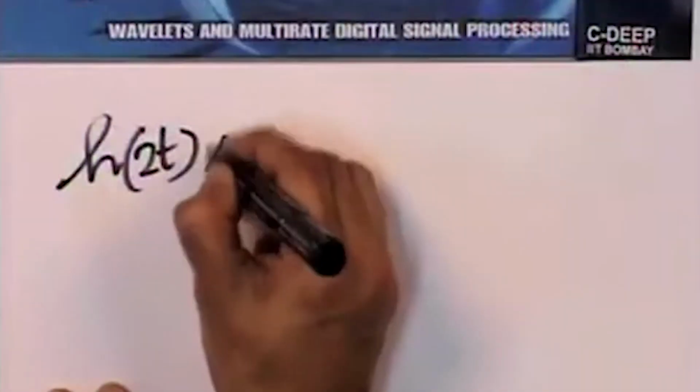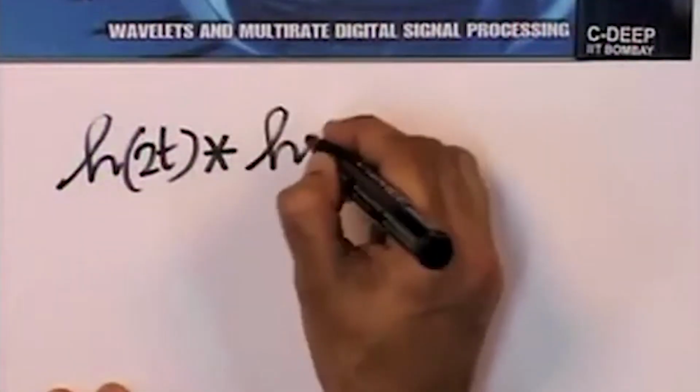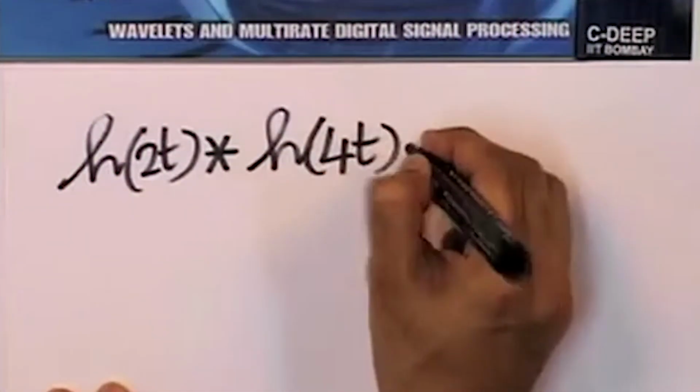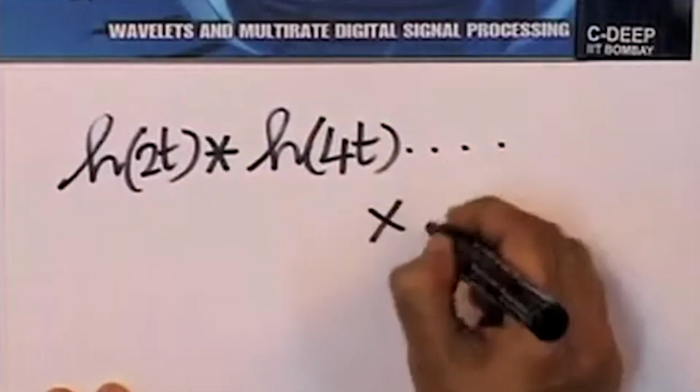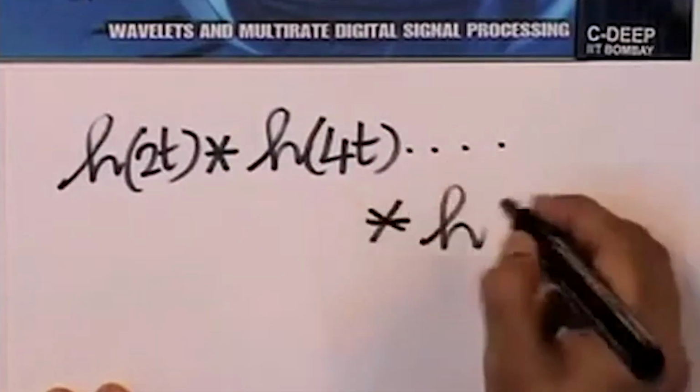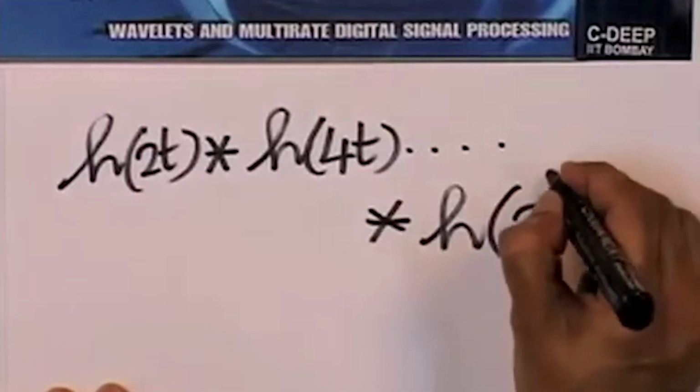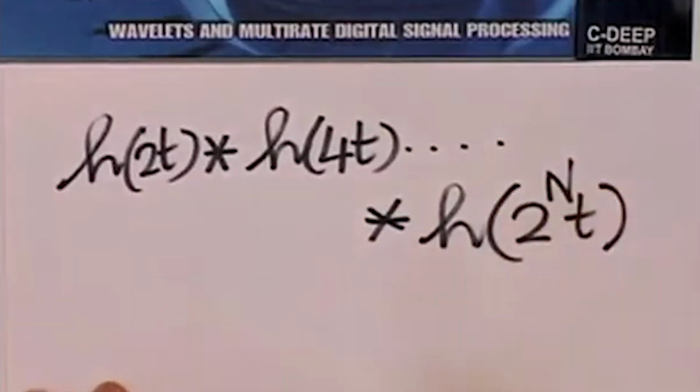So, what we have here effectively is h 2 t convolved with h 4 t and so on, so forth up to h 2 raised to the power of n t. It is essentially how many impulses?